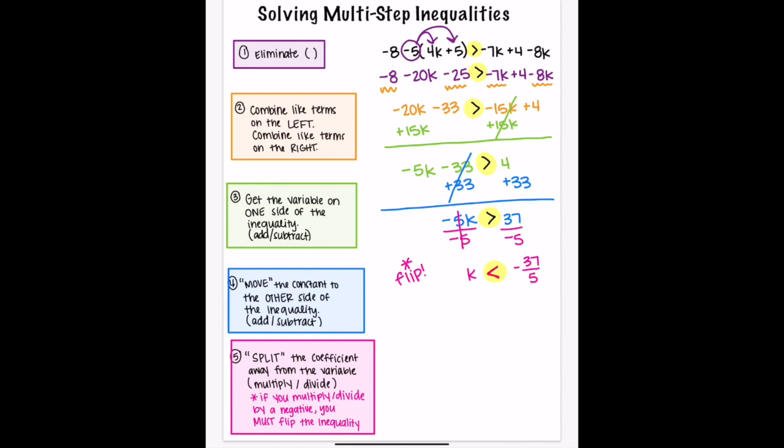If that fraction could be simplified, then we would, but -37 and 5 don't have any common factors, so this is its simplest form as a fraction. So our solution is that k, or that variable, is any number less than -37 over 5.